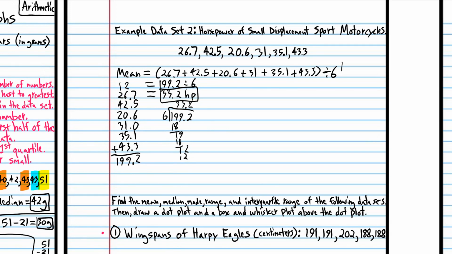So now we're going to find the median. The median is the middle of the data, and the important thing to understand is we cannot find the median unless we first order the numbers from least to greatest.